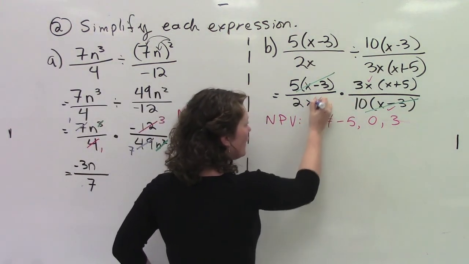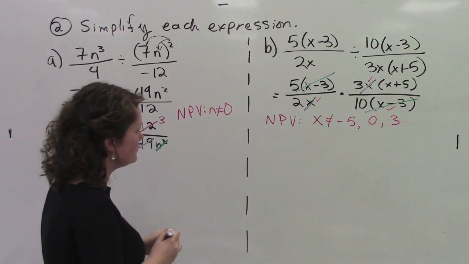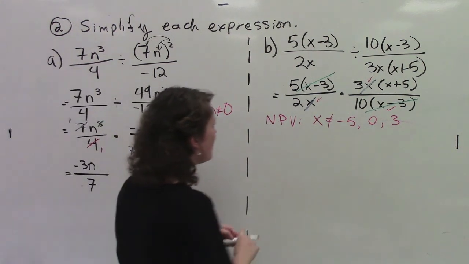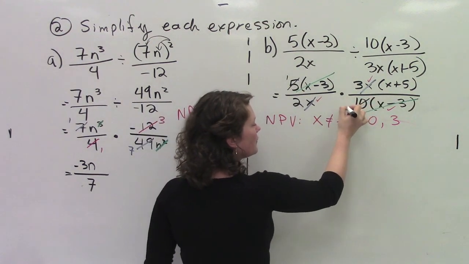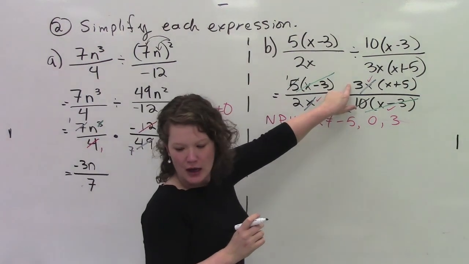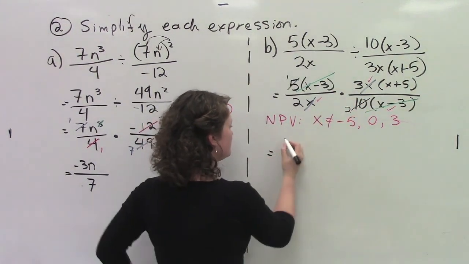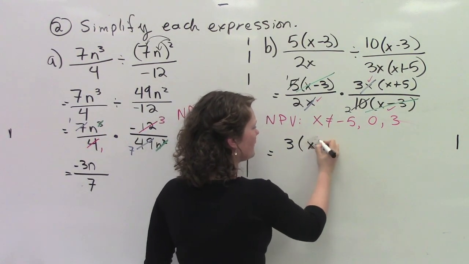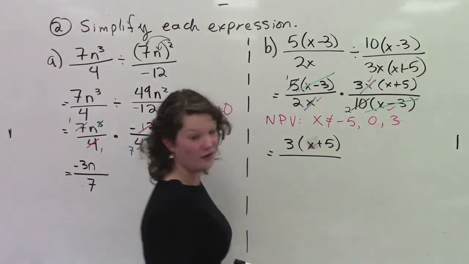so that becomes a 1. X cancels with X. Ooh, and there's one more that I can do, and I'm going to cancel it in black. 5 goes into itself once, 5 goes into 10 2 times. So what are we left with on the top? 3 times x plus 5, not 4 plus 5, x plus 5, all over 4.